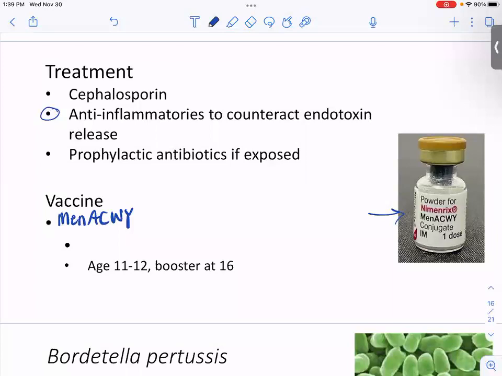And it is a conjugate, so meningococcal conjugate vaccine. So in other words, those polysaccharides from the capsule, they're not very antigenic, so they've attached it to some kind of a protein carrier to make our immune system notice it better.